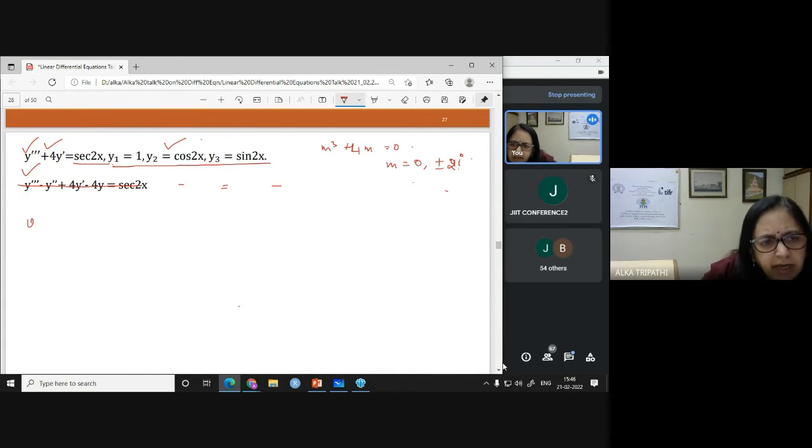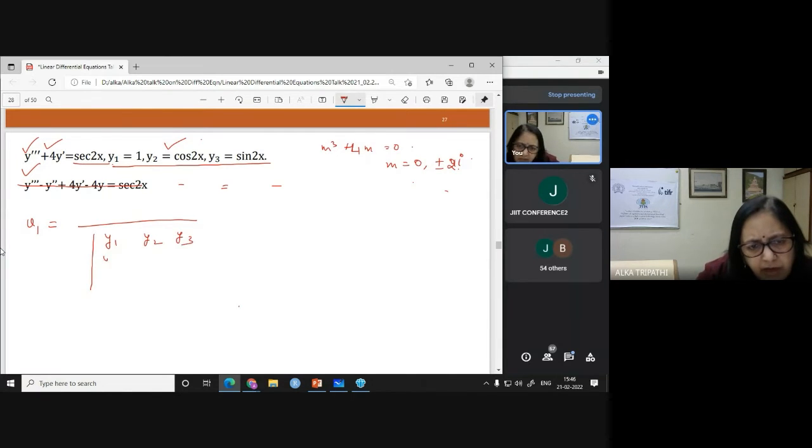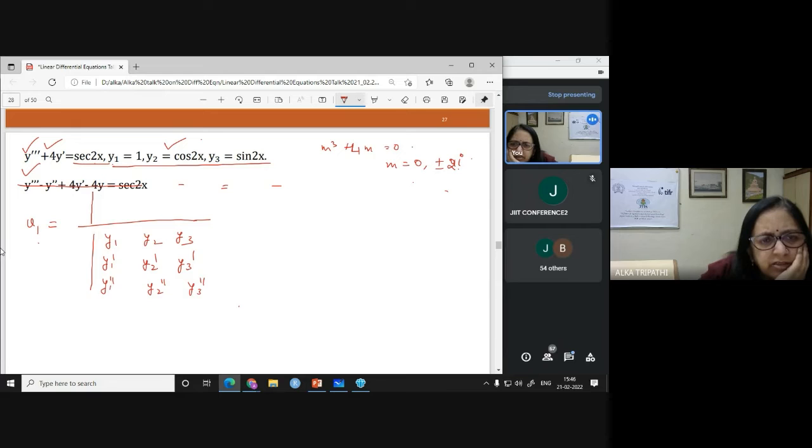It is v1 dash is equal to the Wronskian, which is y1, y2, y3, y1 dash, y2 dash, y3 dash, then y1 double dash, y2 double dash, y3 double dash, and for the numerator, first column is the RHS, that is 0, 0, sec 2x, second column as it is y2, y2 dash, y2 double dash, and y3, y3 dash, y3 double dash, and then we will simplify this.